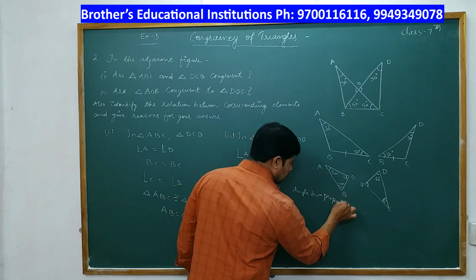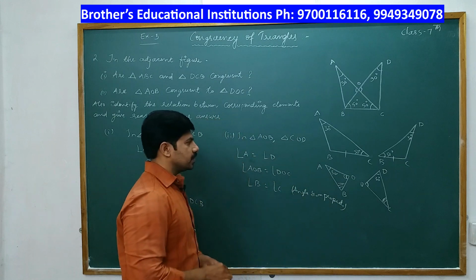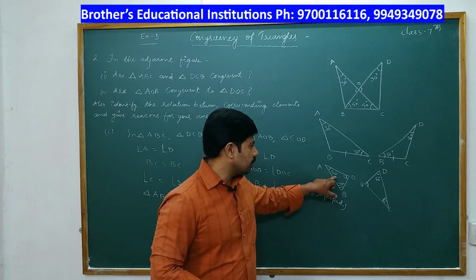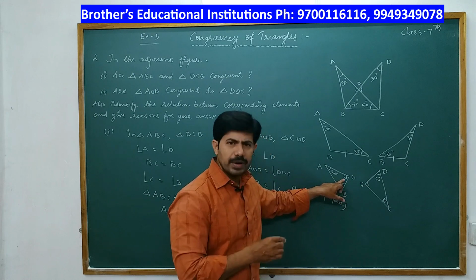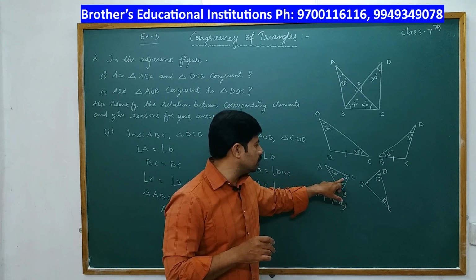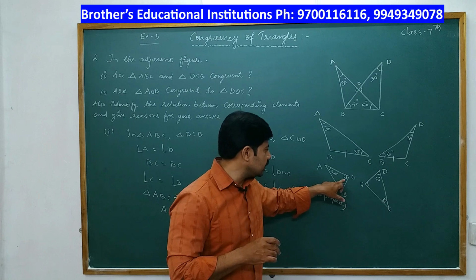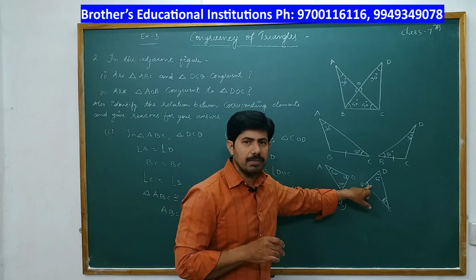That means the reason is angle sum property means, see, 30 are equal. Suppose this is 30, say this is some acute angle you assume. So whatever the acute angle is here, the same acute angle will be there.